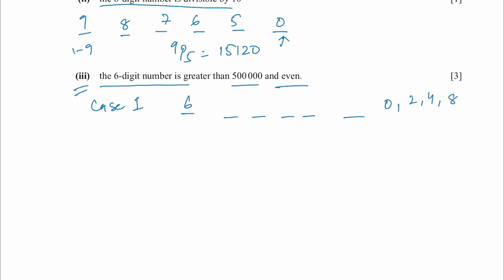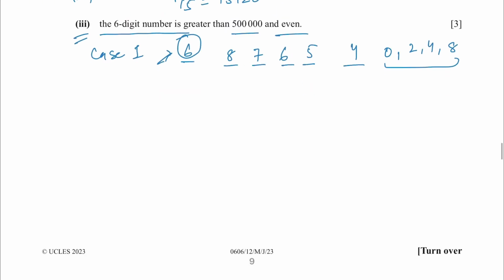So if we have 6 at the start, we can't have 6 at the end. We have only 4 combinations over here, and these 2 are since selected. Then we'll have our 8 combinations, 7, 6, and 5. This is the fixed number. Is it okay?